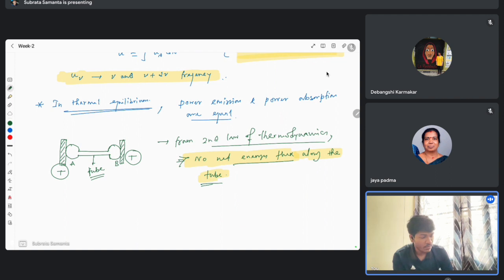So the energy flux must be balanced along the tube.